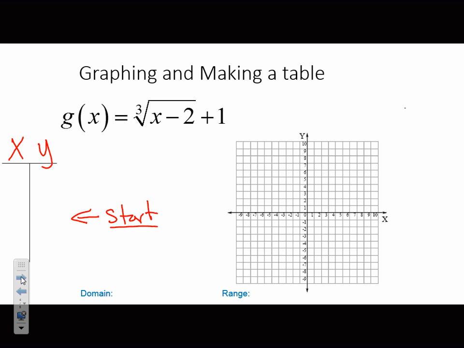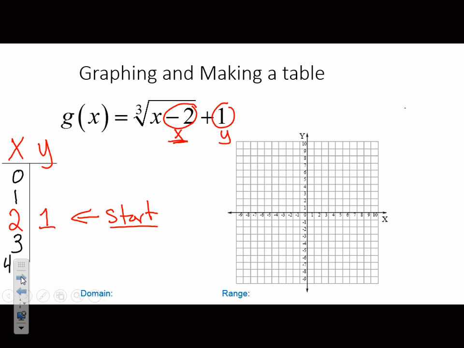And once again, like we did with our square root, with our cube root, we're going to take these numbers. So this is going to be my x, this is going to be my y. But my x, remember, ladies and gentlemen, that's got to be the opposite of -2. So we have 2 here. So it's going to be 2, 1 is our starting point. Right, we'll go 2 above this and 2 below this. So we'll do 1, 0, 3, and 4.